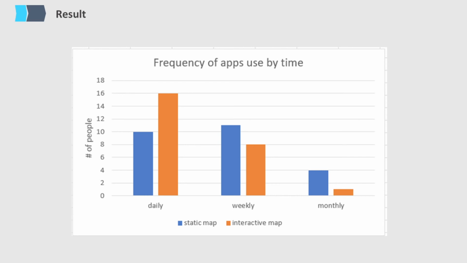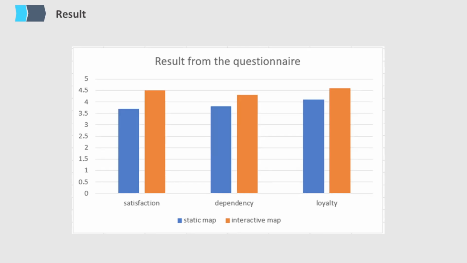It is because they get used to seeking information and help from the interactive map, like parking surveys and purchase surveys, besides location surveys. From the interview, they told us that the interactive map is very easy to use and makes their life convenient. From the questionnaire results, it is very obvious that people are more satisfied with the interactive map than the static map. People who use the interactive map are more likely to continue to use it in the future.